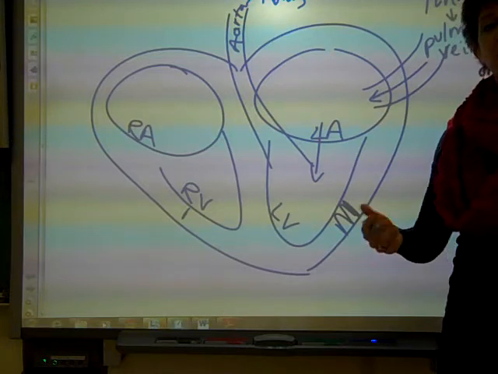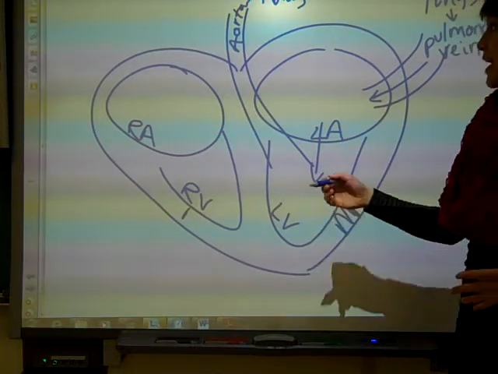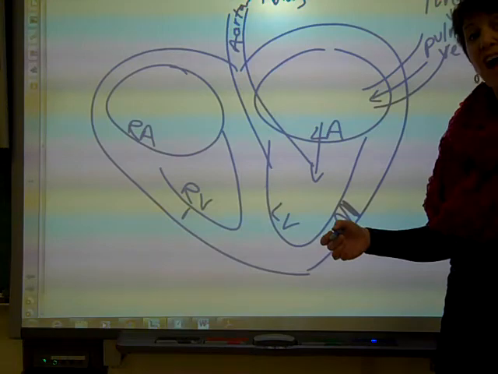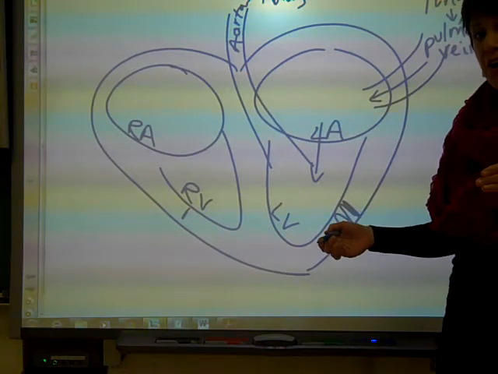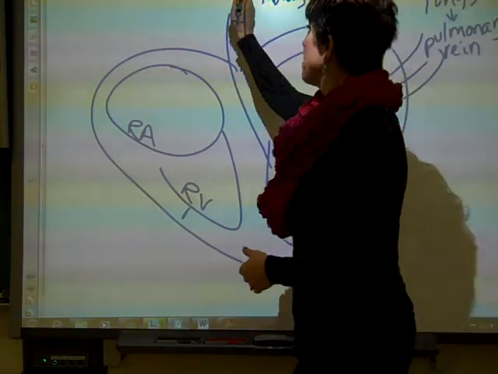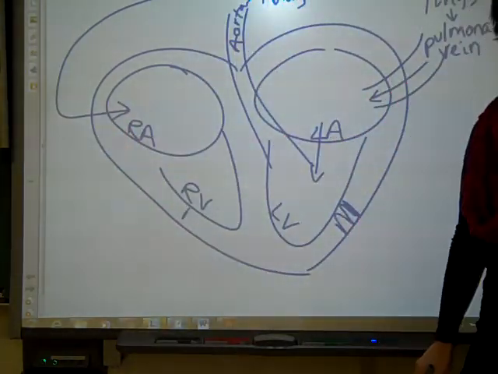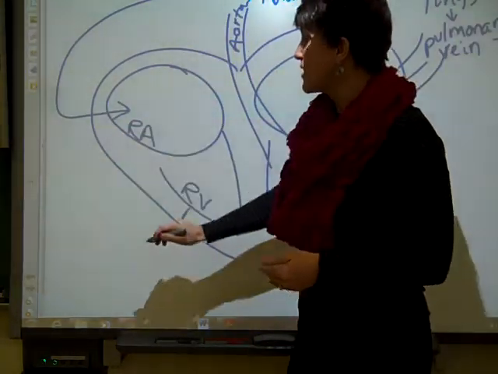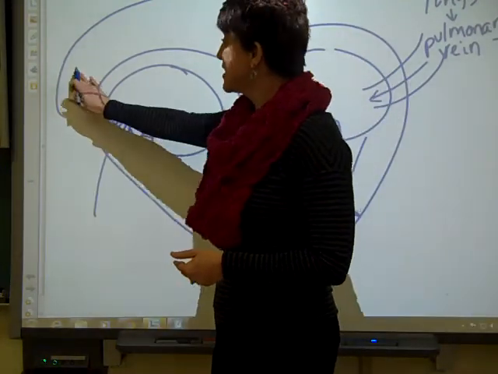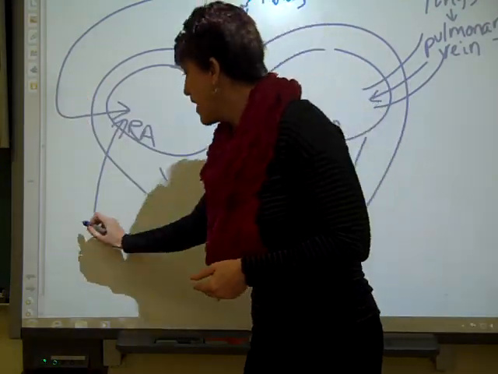Throughout the body, you have capillaries in every single tissue of your body. That is where the exchange of oxygen occurs and the exchange of carbon dioxide. So then from the body, all that deoxygenated blood needs to make it back to the heart. It goes into the right side of the heart, and it comes from the top of your body and the lower part of your body.